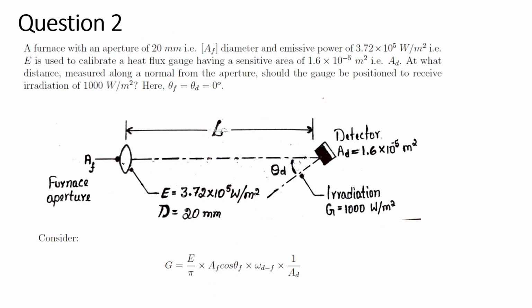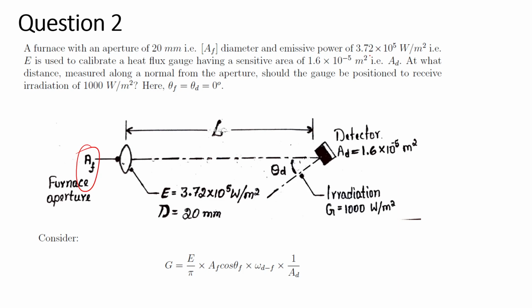Now let's take a look at the second question. This question is again a little bit similar to the previous question. Over here we have been given a furnace with an aperture of 20 mm diameter, that is with area AF.